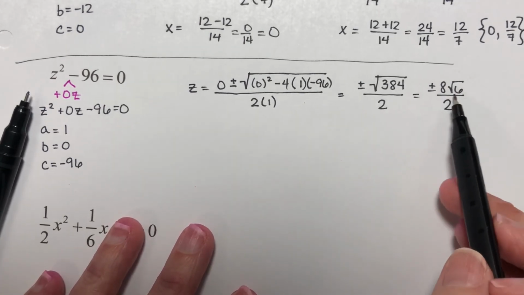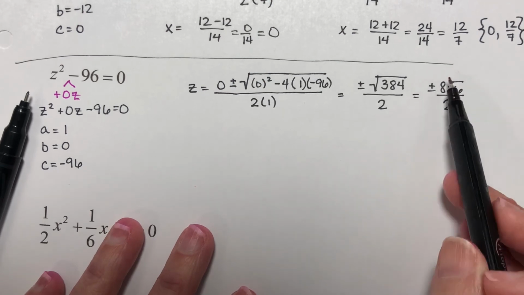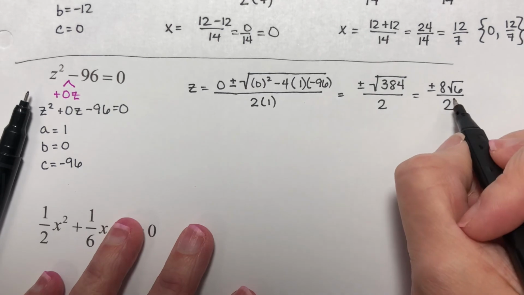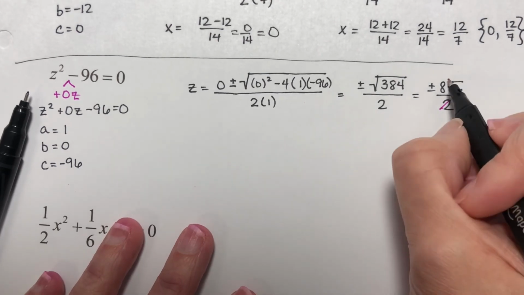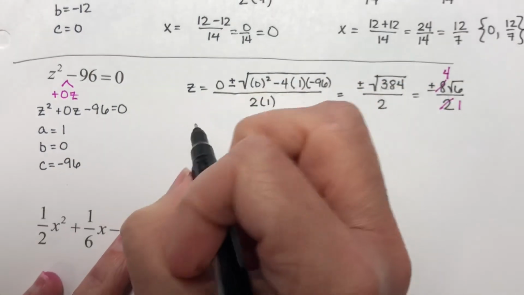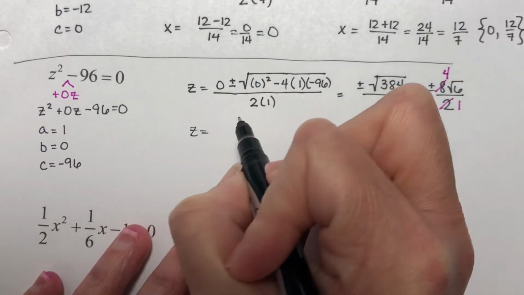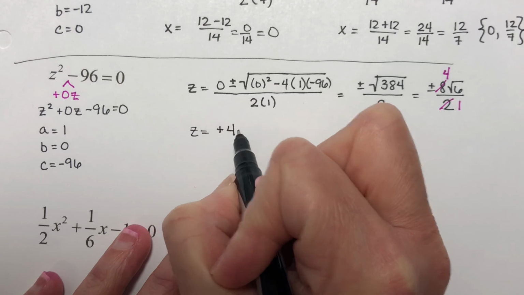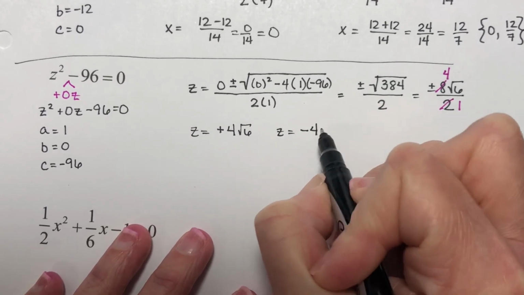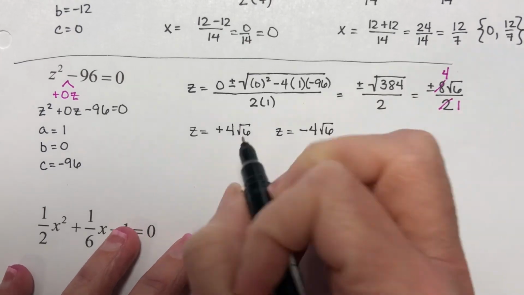So you've got to remember that's not really a 6, so we can't reduce that. But the 8 and the 2, we can. If I divide this by 2, I get a 1. Divide this by 2, and I get a 4. So my 2 answers, I have positive 4 times the square root of 6, and I have negative 4 times the square root of 6.